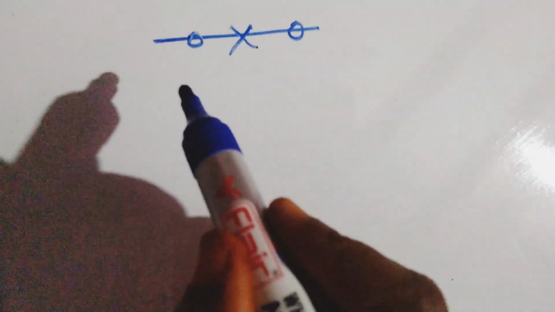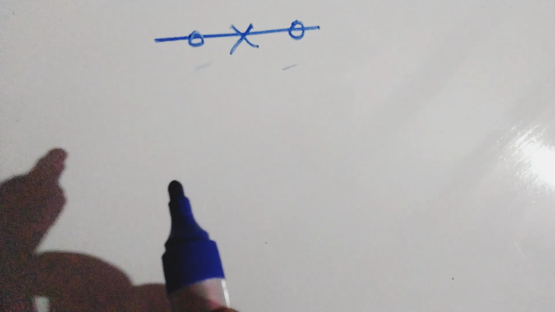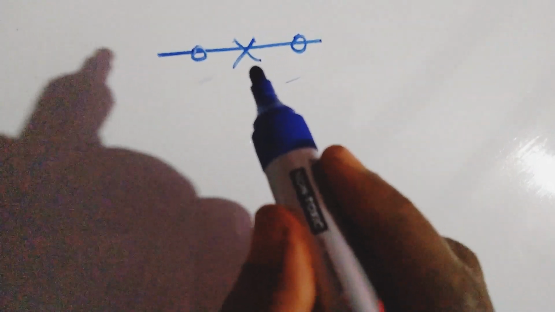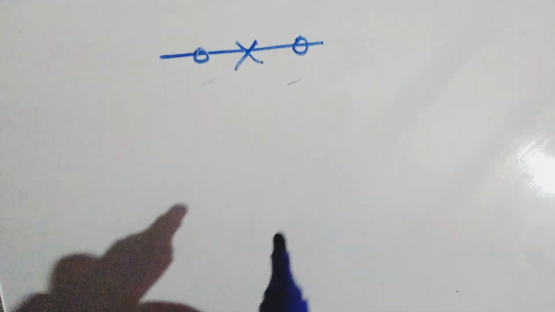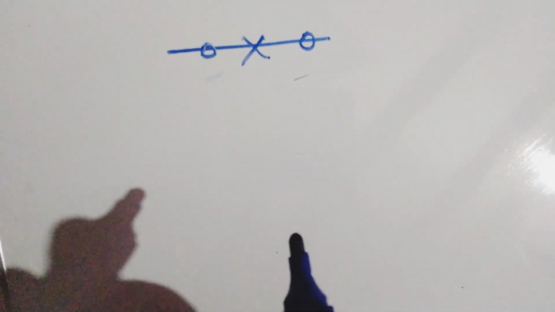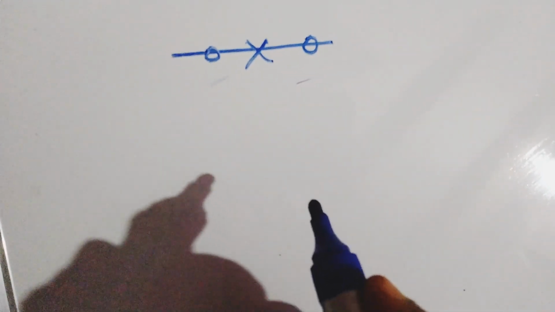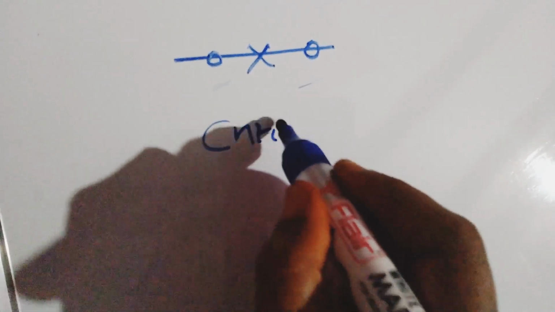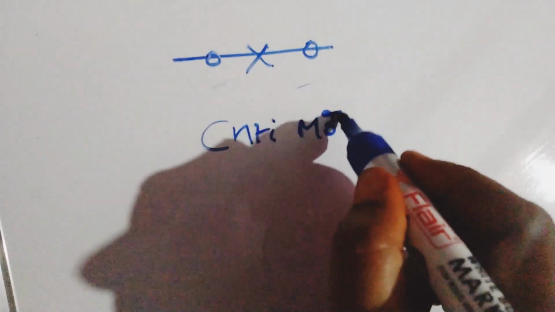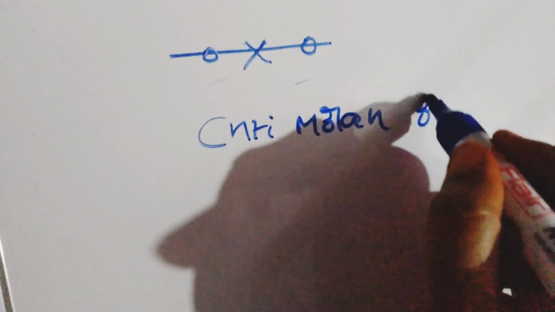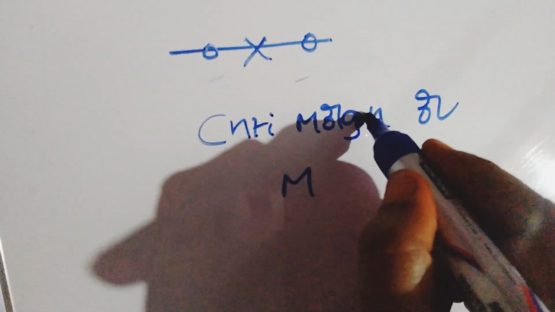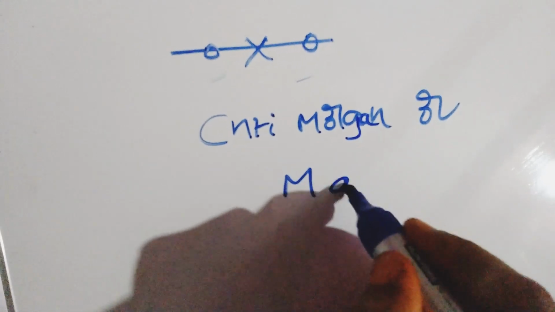The units used in mapping are called centimorgan or map units.